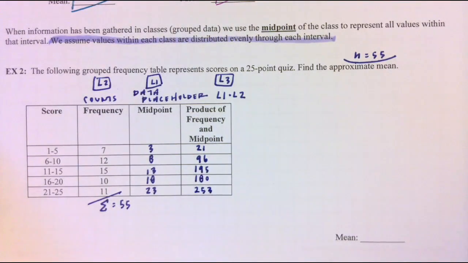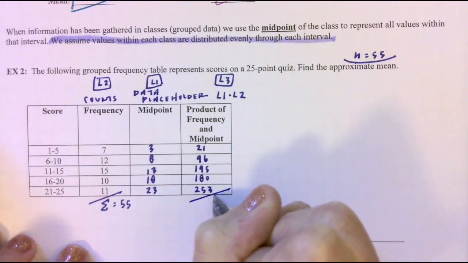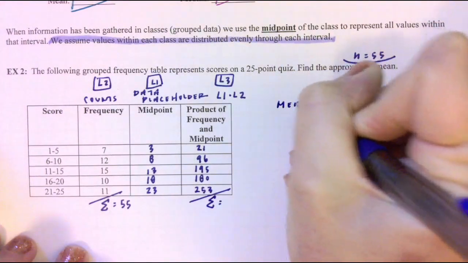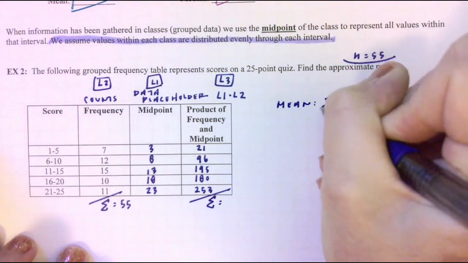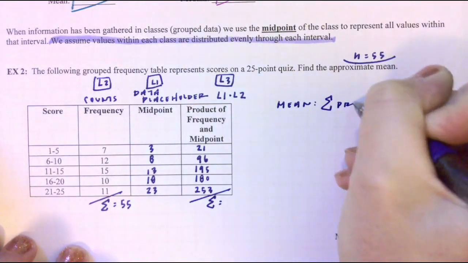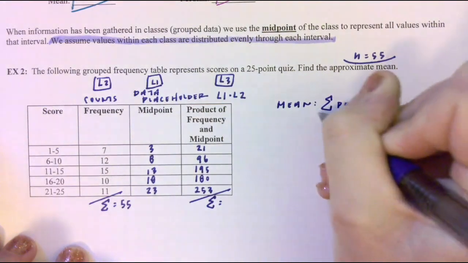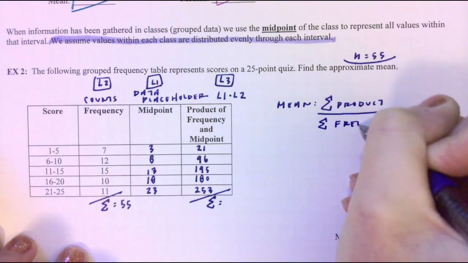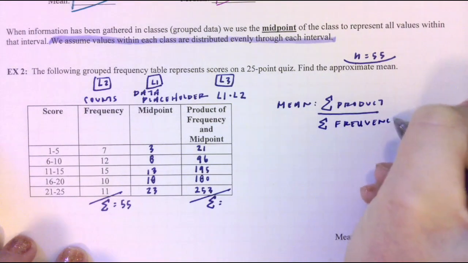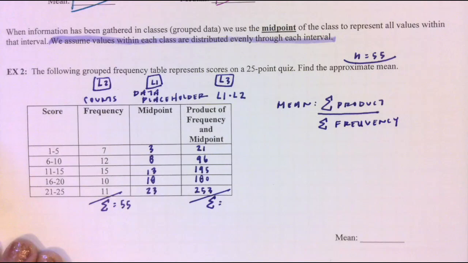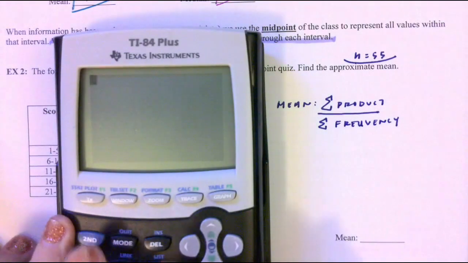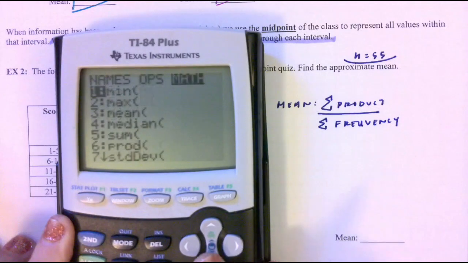Okay, and then my process is really the same. I'm going to need the sum of these products. And then to get my mean overall, I'm just looking at the sum of those products divided by the sum of the frequency. How much total data do we have? What's the n value? So if I go home now, I go 2nd, STAT, over to MATH.